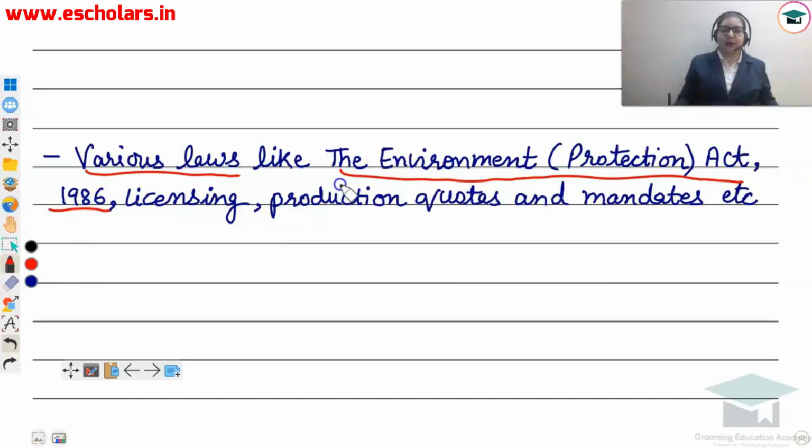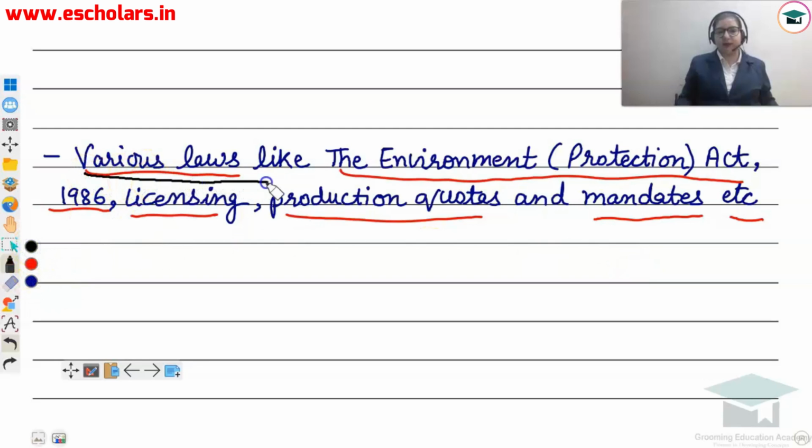The Environment Protection Act 1986, as the name suggests, it promotes the protection of the environment from the unfair human activities. Also, there are certain laws related to licensing, production quotas and mandates, etc., which are made by the government in order to prevent the negative externalities.